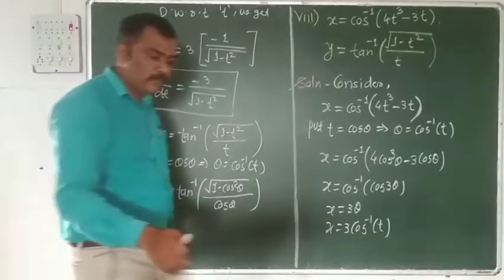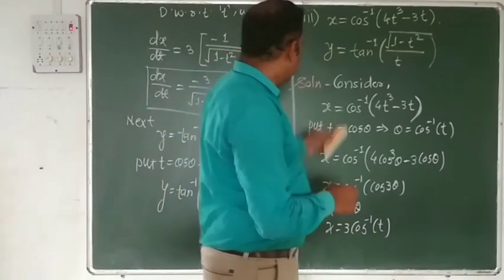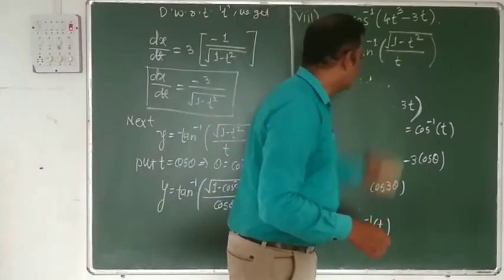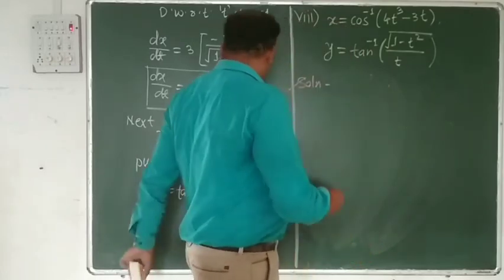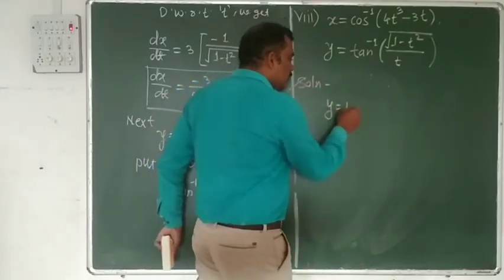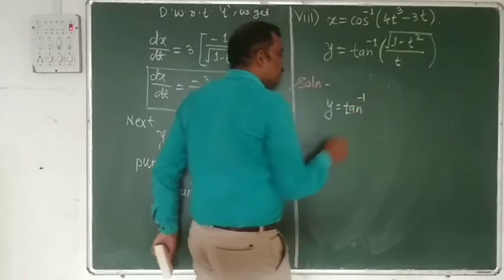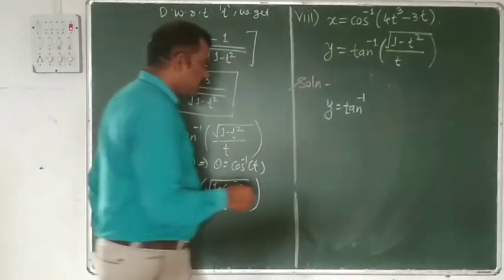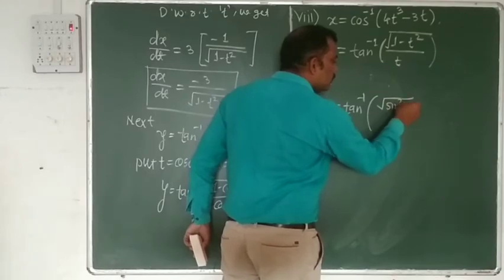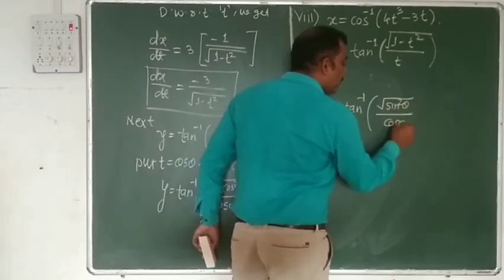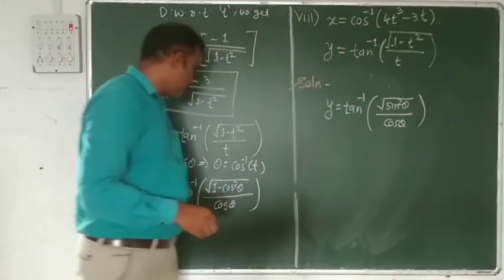We substitute the value. So y is equal to tan inverse of the square root of sin square theta divided by cos theta.